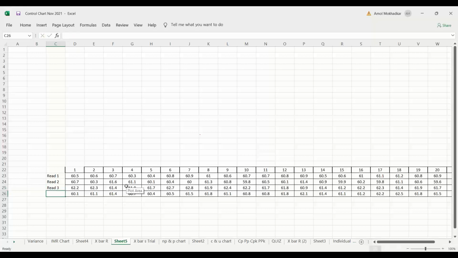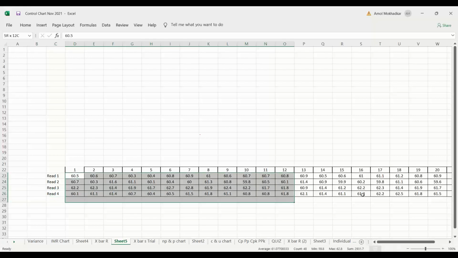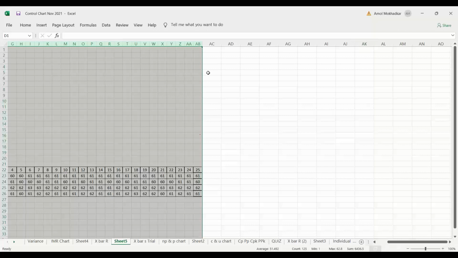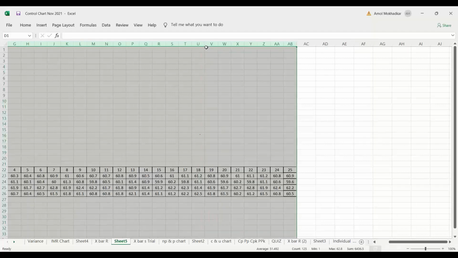You will have the data there also, not just the trend. Every day or every hour you are going to collect the data and plot it.